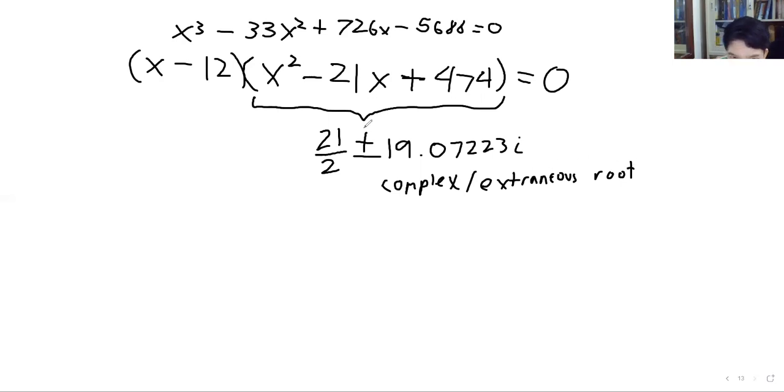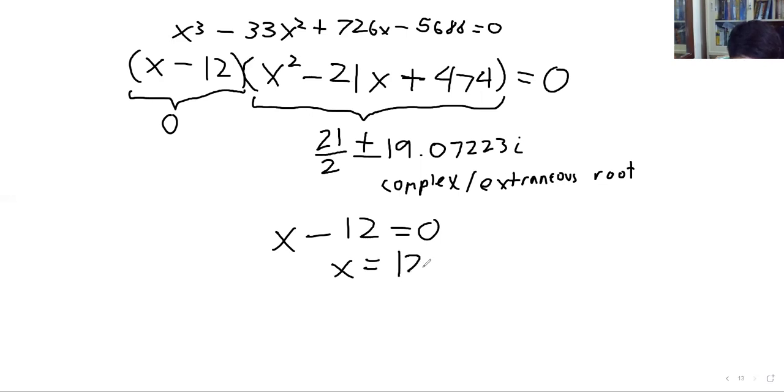But this is still not 0, so there must be one. There must be one factor equal to 0 to make it 0. So from that we can show that x minus 12 equals 0. Yay! So see here that x equals 12.